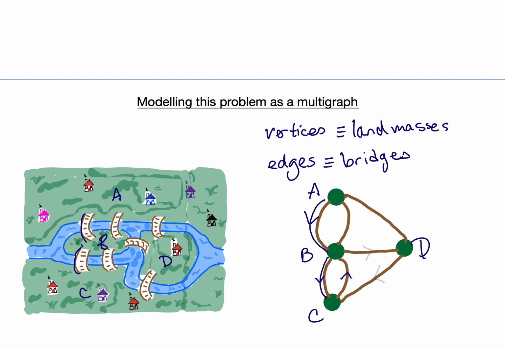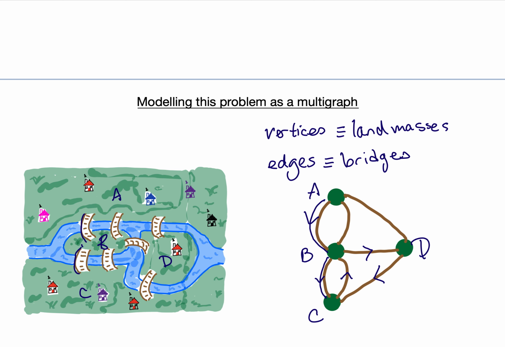Maybe I go back, and then I head over to D, and then I could go back here. And now we see that I'm stuck. I have run out of bridges I could use. And no matter how you do this, no matter what sequence of bridges you take, you will not be able to cross over each bridge exactly once.